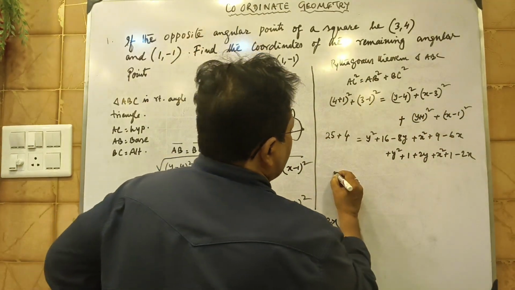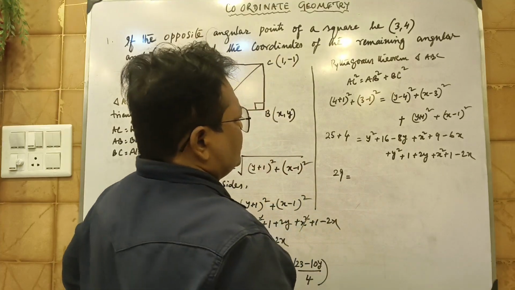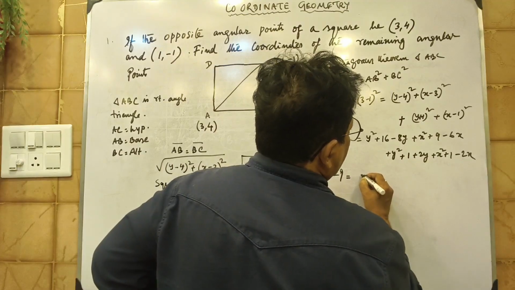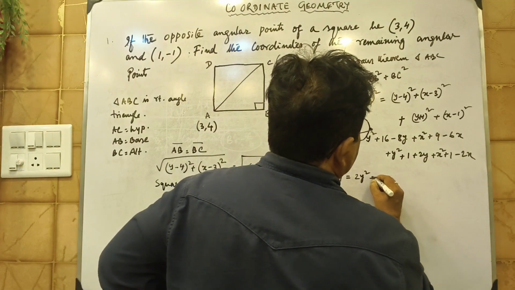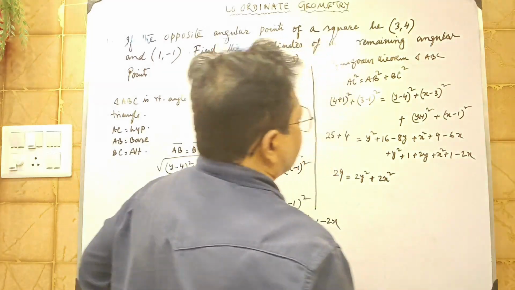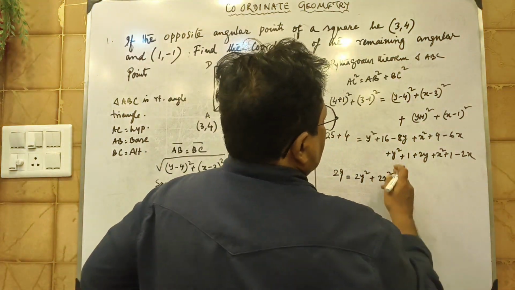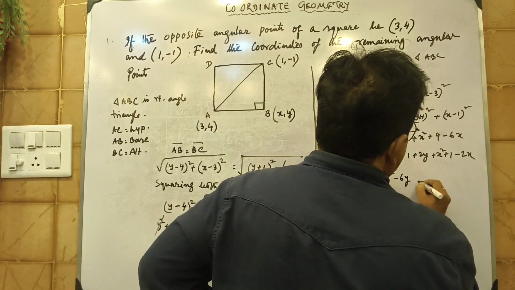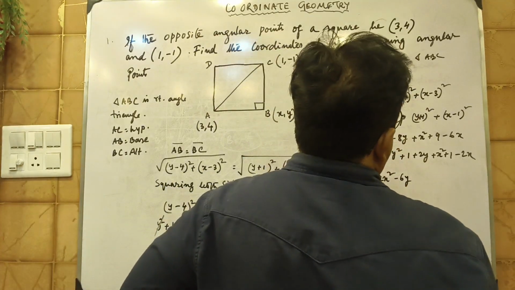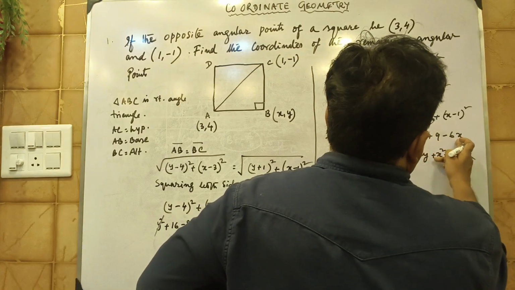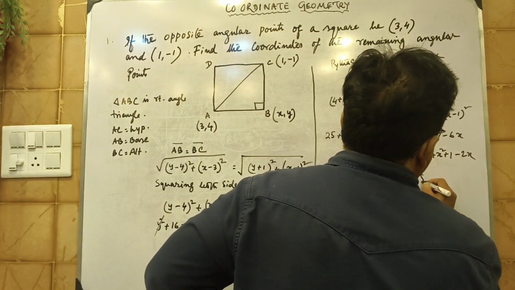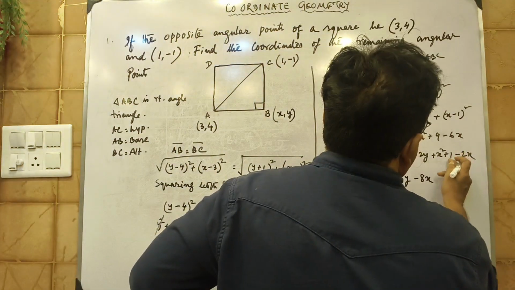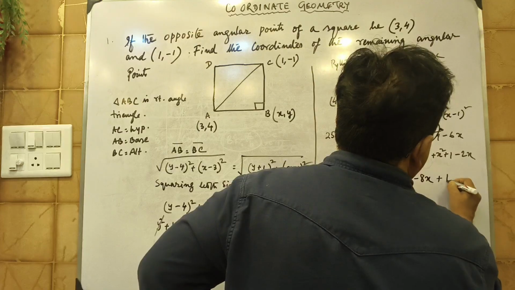Now it is 29 equal to 2y square plus 2x square minus 6y minus 8x minus 6x plus 11.